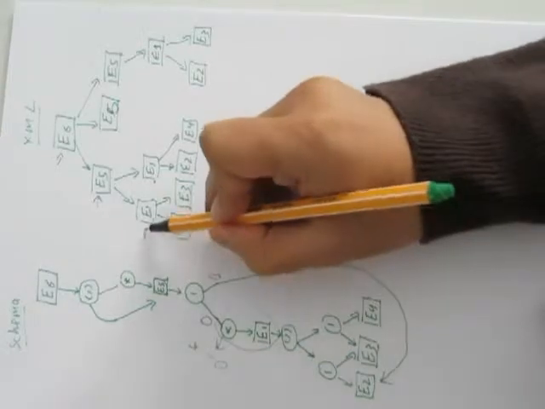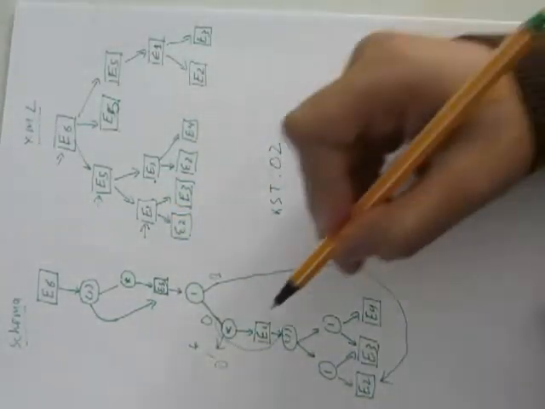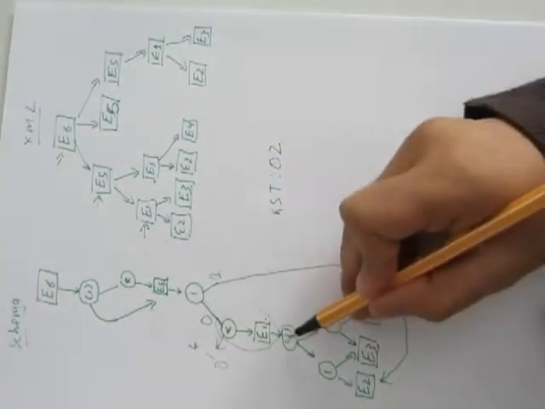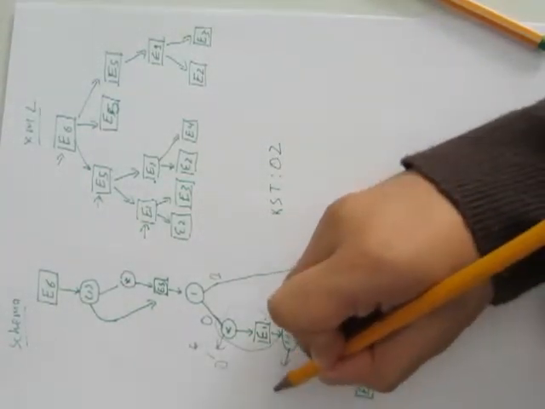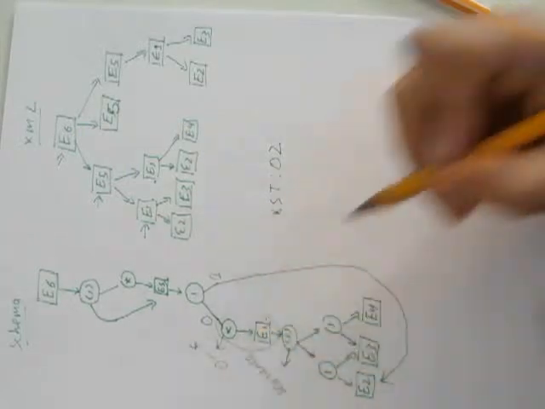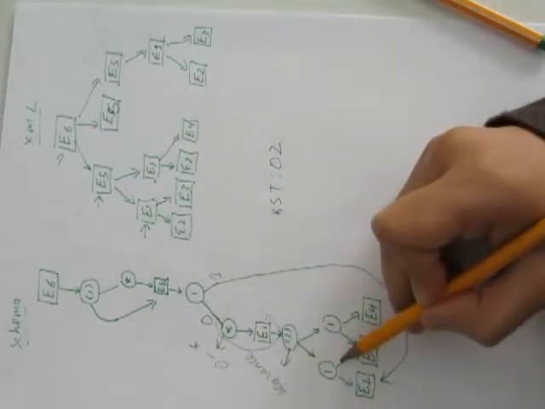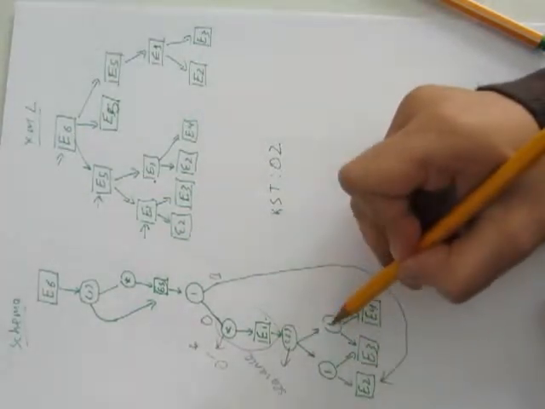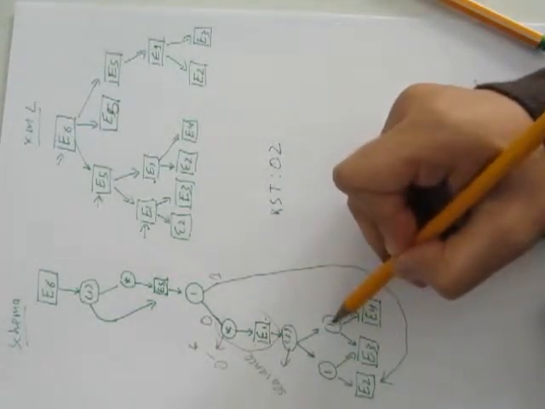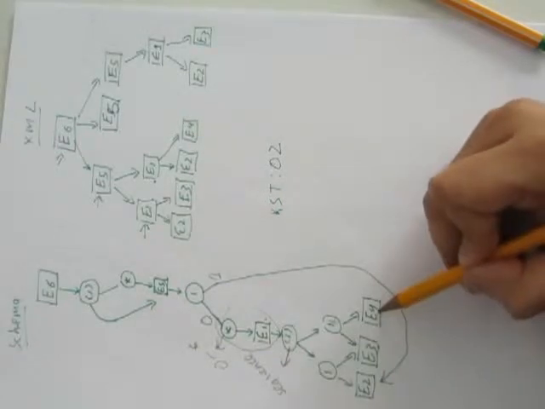Then we come to E1. The rule of E1 says E1 has two children, a sequence of children. The first child can be either E2 or E3, and the second child can be either E3 or E4.